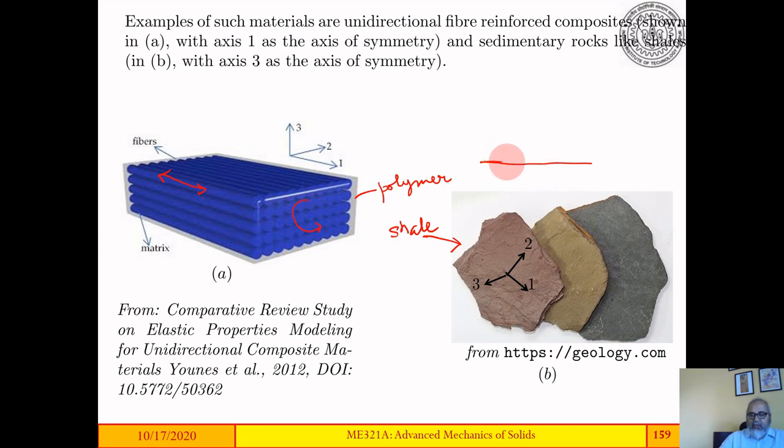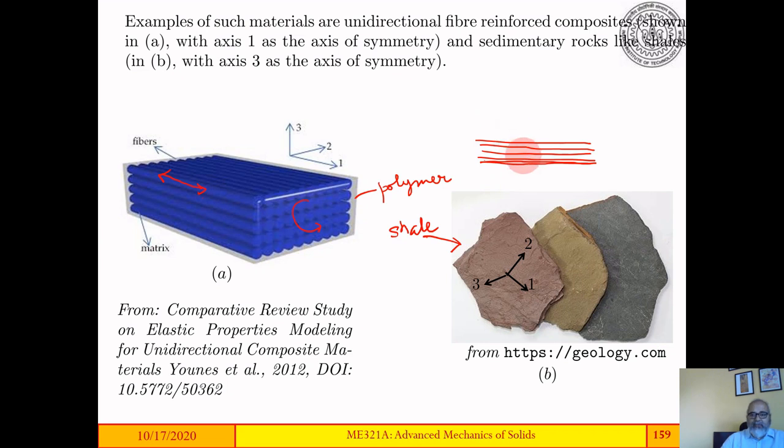So one layer of silt deposits, and then another layer, and then another layer, and this happens over millions of years. So one layer each deposits, and then there's a big deposition that happens on the top, which puts a lot of pressure and compacts this.